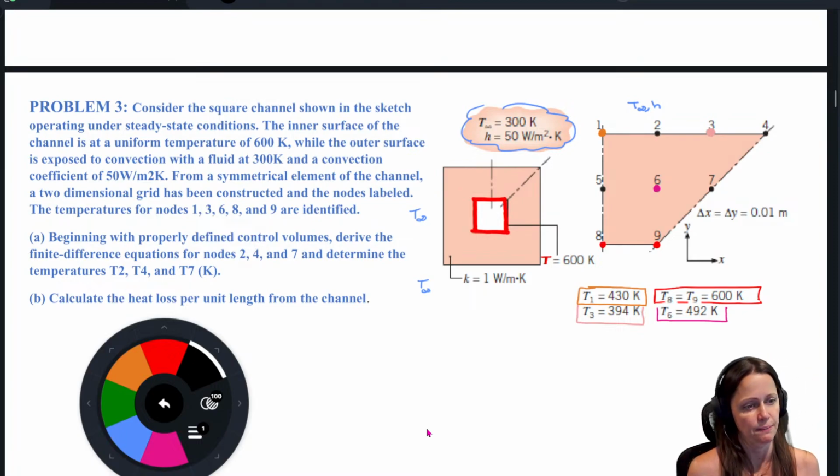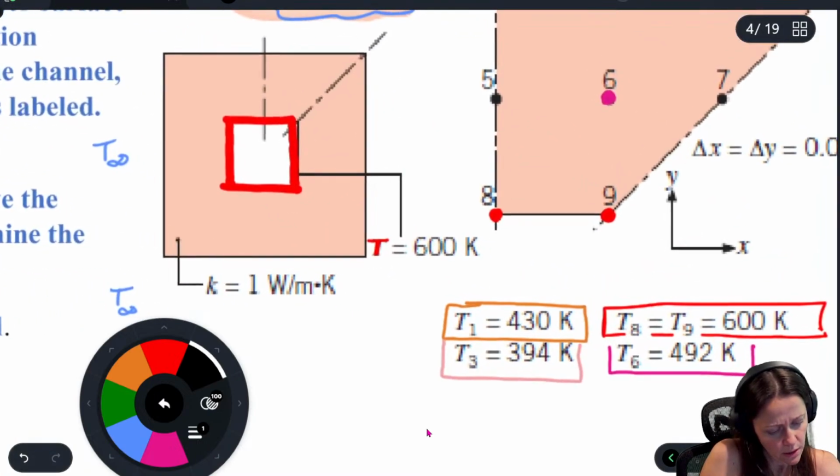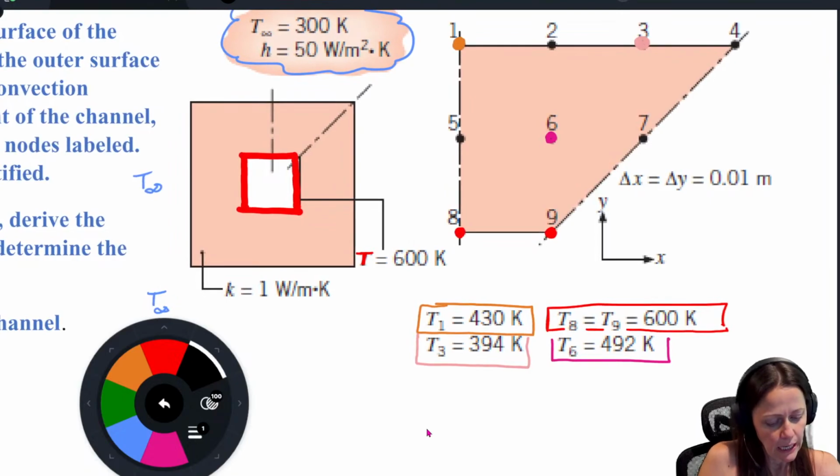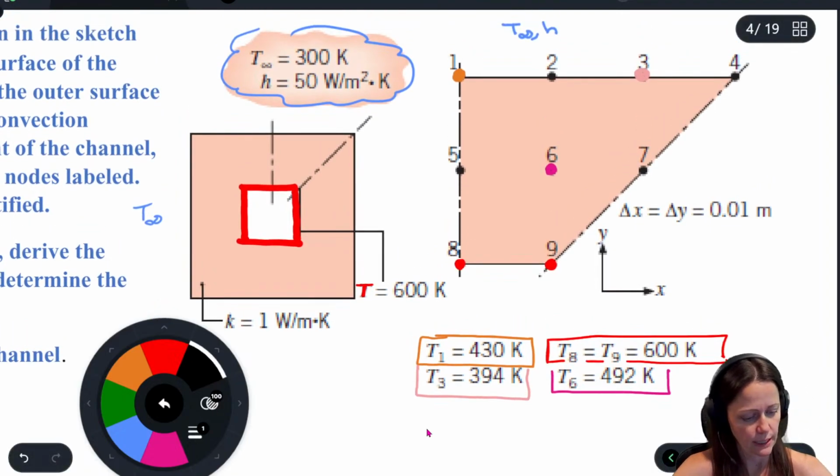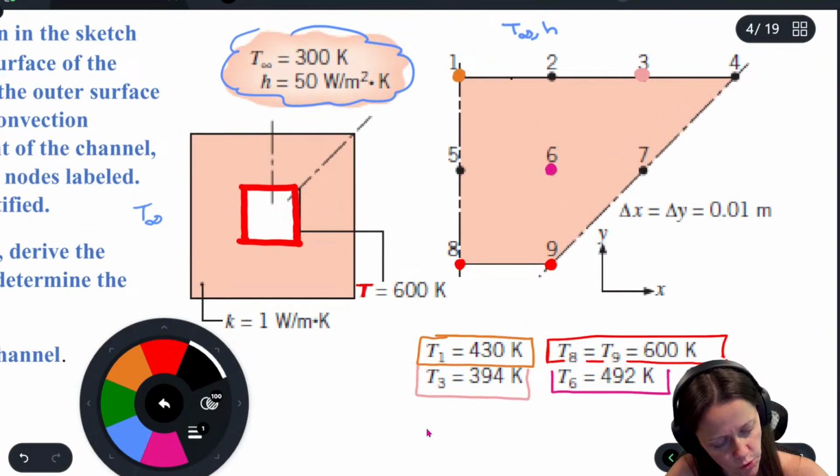Okay, so that's fine. Before we start, I want to at least draw what my mesh looks like. That will be helpful.